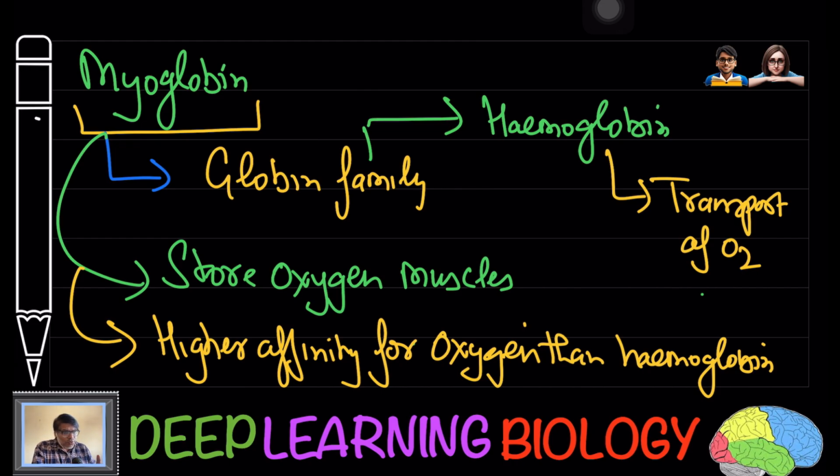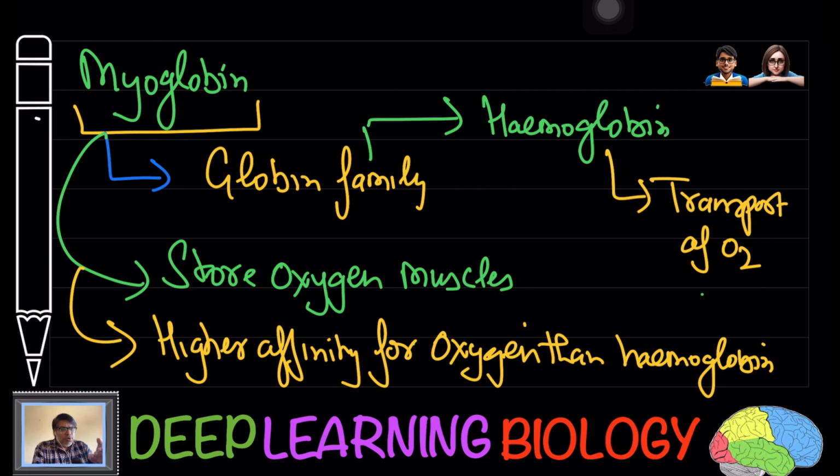The most important thing is that myoglobin has higher affinity for oxygen than hemoglobin. When hemoglobin is saturated with oxygen, it has to transport the oxygen to the muscles, and within the muscles you have this myoglobin.